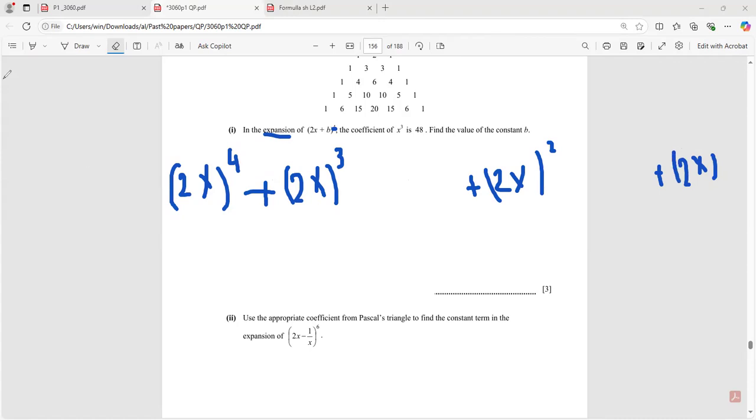Okay, so next, the second term, which is positive. Make sure that you have a positive sign, so they are all plus. So b to the power of 1, b to the power of 2, then b to the power of 3, and the last one, which is unique like the first, b to the power of 4.